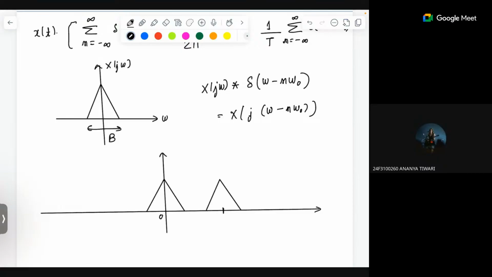If we come to the negative side, this will be centered around minus omega naught. The next one around minus 2 omega naught. And it will just keep on repeating.